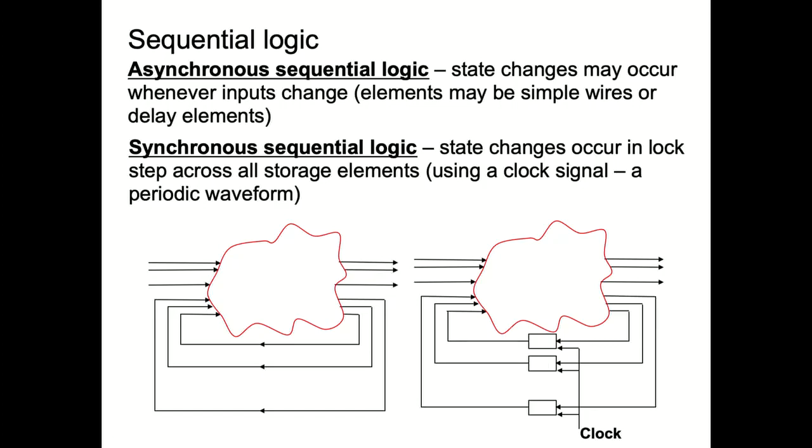When we talk about sequential synchronous logic, we're talking about logic where we are imposing constraints so that we can manage when the states change and synchronize when the changes occur based on a clock.